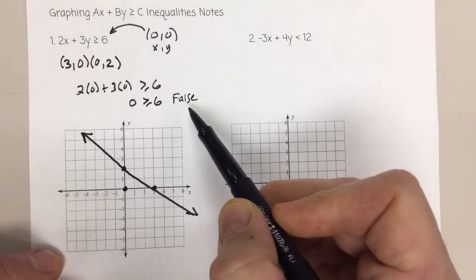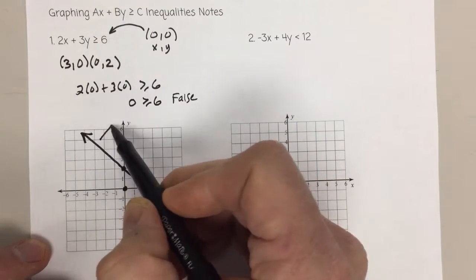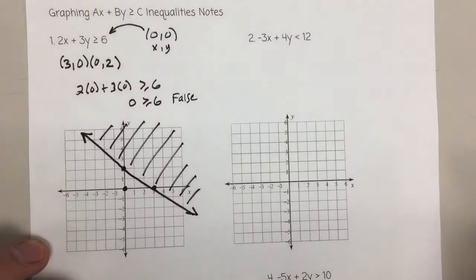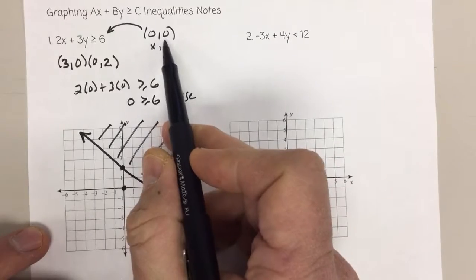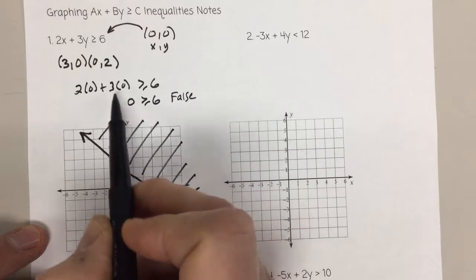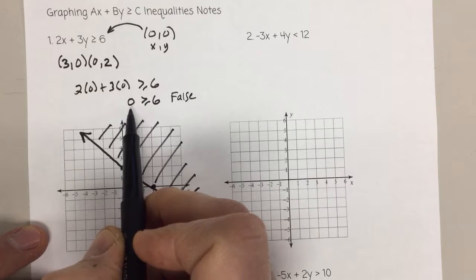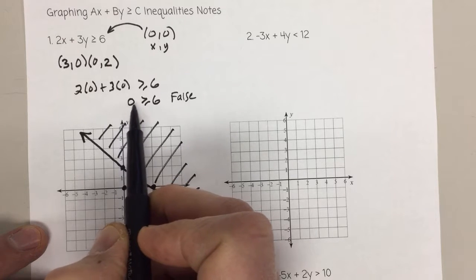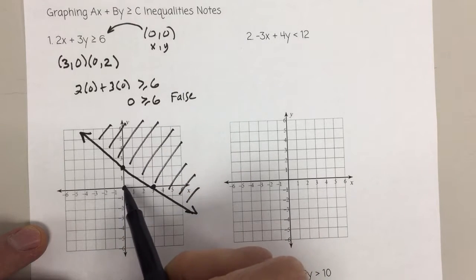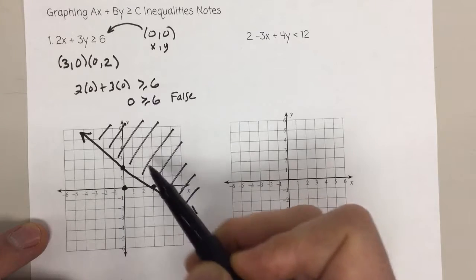So since my statement was false, I'm going to shade in on the other side of the line. So I chose a point, I plugged it into the inequality, I multiplied, got it down to 0. Since 0 is not bigger than 6, this point is not a solution to our inequality. The solutions are on the other side of the graph.